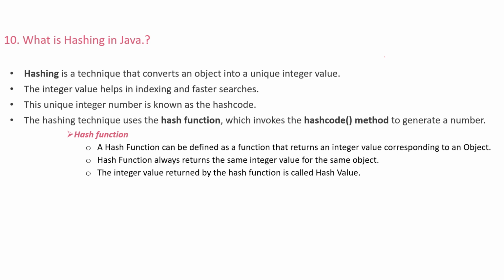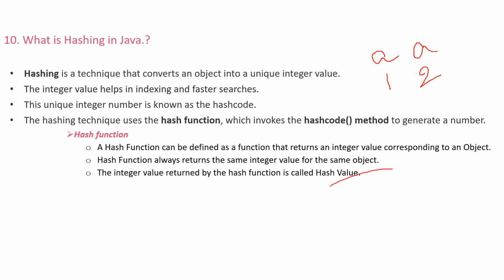So if object A is there, we generate one integer value for it using the hash function. If we give the same object again, the second time, the same integer value will be returned. So the hash function will always return the same integer value for the same object. The integer value returned by the hash function is called the hash value.